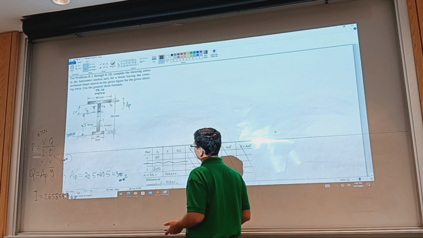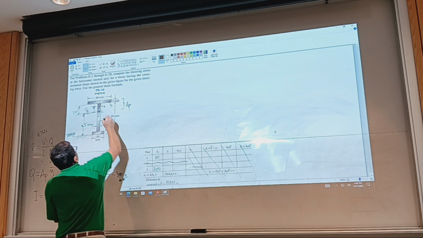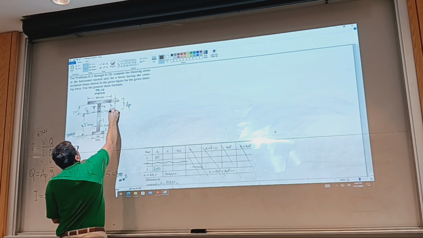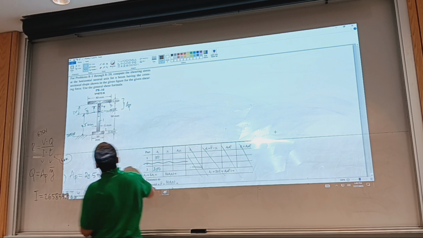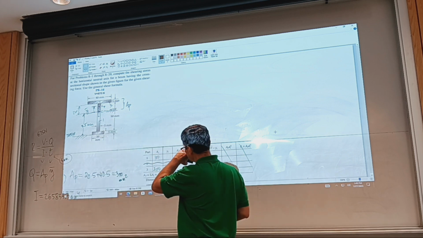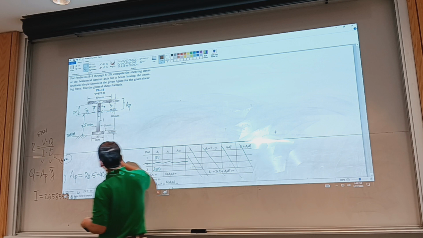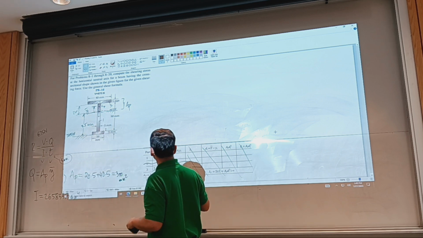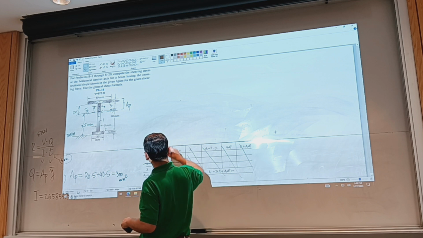Okay, the new datum is going to be here. So the distance from the new datum to the centroid of this small vertical rectangle is going to be half of 20, that is 10.